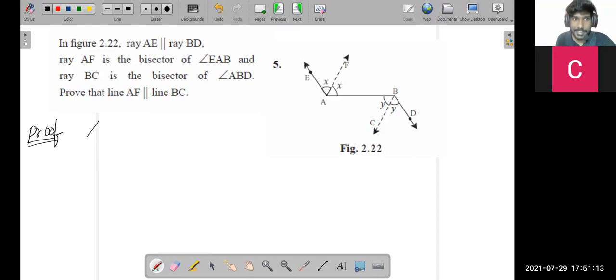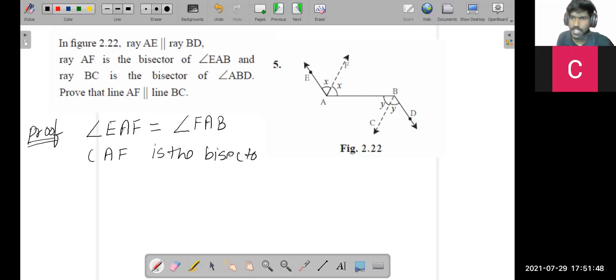Firstly, angle EAF. Simultaneously, look at the figure also. Observe the figure. Angle EAF will be equal to angle FAB. Correct? Will it be equal or not? Yes, sir, it will be equal. Why is it equal? Because the bisector divides the angle into two parts. AF is the bisector, and it divides into two parts.